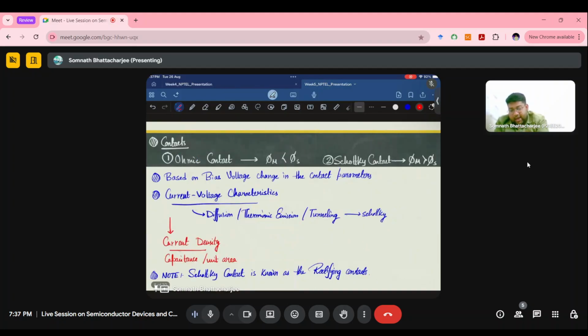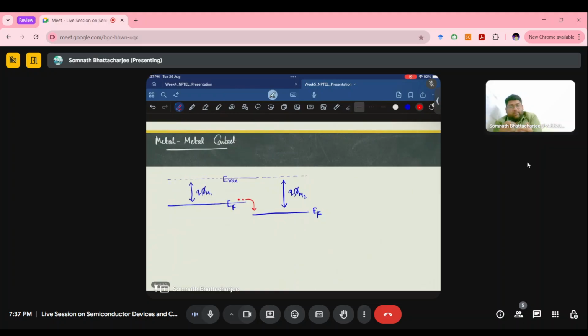But in this case, as there are no other bands to bend, the higher work function metal would attract the electrons from the lower work function metal. Let's say this is metal 1, this is metal 2. So electrons from the first one will drop to the second one.